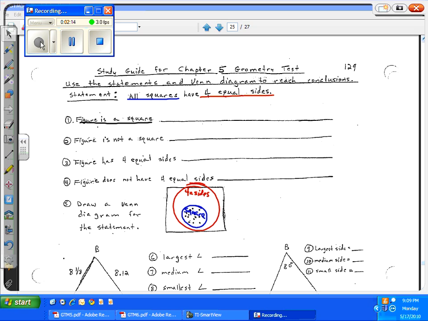So we could represent many things that are squares by putting many dots in the little circle. But to be a square, it's got to be in the little circle. So what can we conclude about four equal sides? Well, every single dot that's in that little circle is also in the big circle, which means we can conclude about every single one of those things that they have four equal sides.